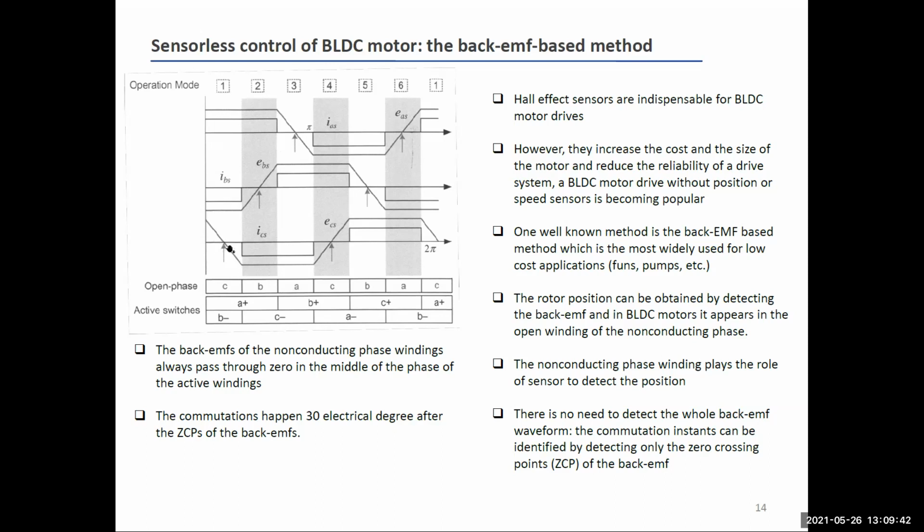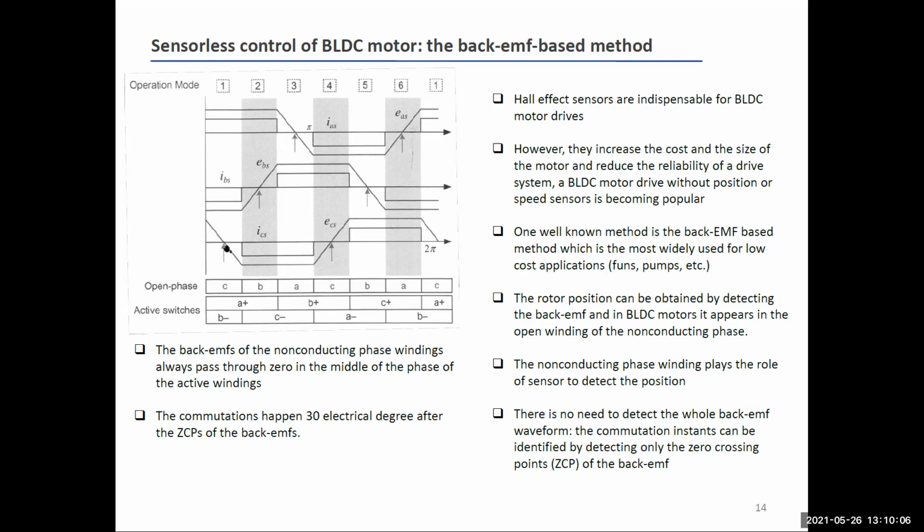And it has also a point in which the back EMF crosses 0. The arrow here indicates exactly a time instant, or if you want, an angle, a position of the rotor, in which you have transition from positive back EMF of the phase C to negative. Okay, there is the crossing of the 0 value.